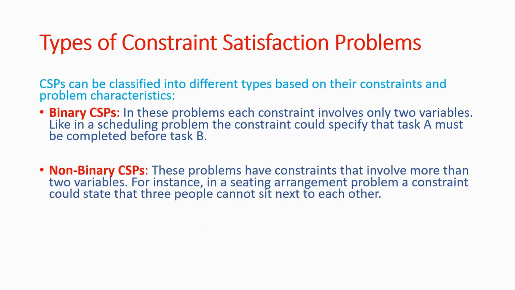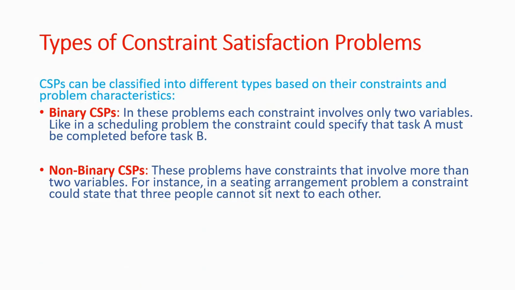And we have another, the non-binary constraint satisfaction problem. These problems have constraints that involve more than two variables. For instance, in a seating arrangement problem, a constraint could state that certain people cannot sit next to each other. So this problem contains constraints that involve more than two variables, like higher order constraints.